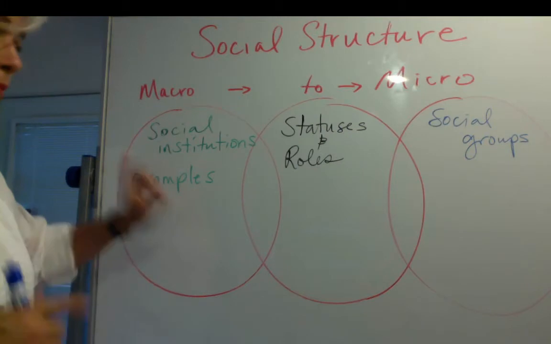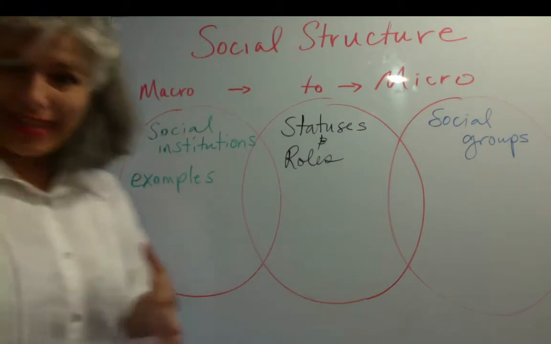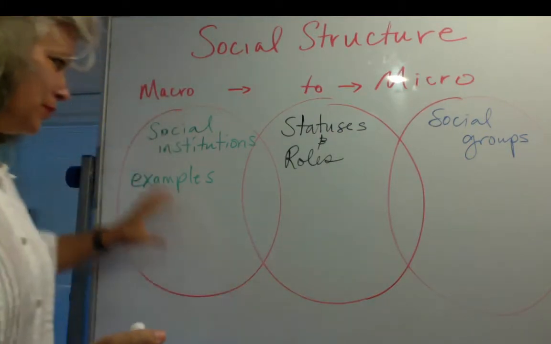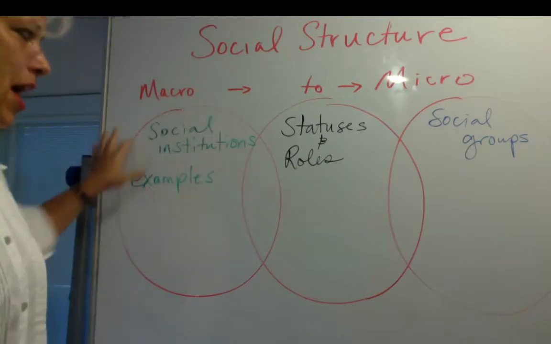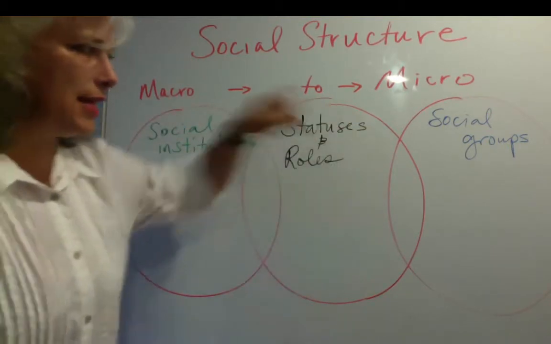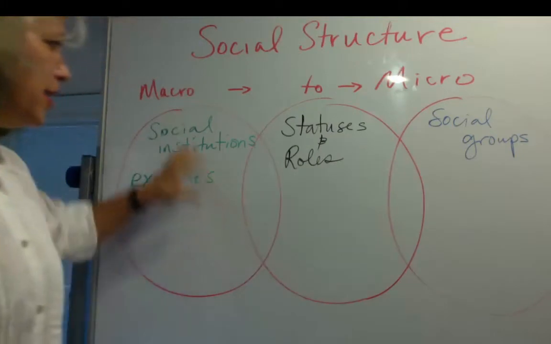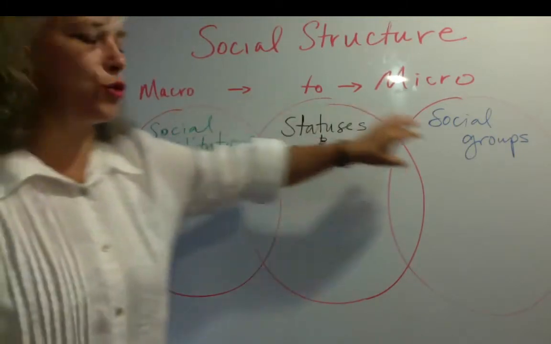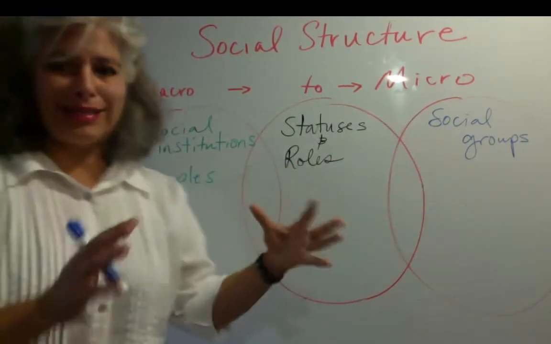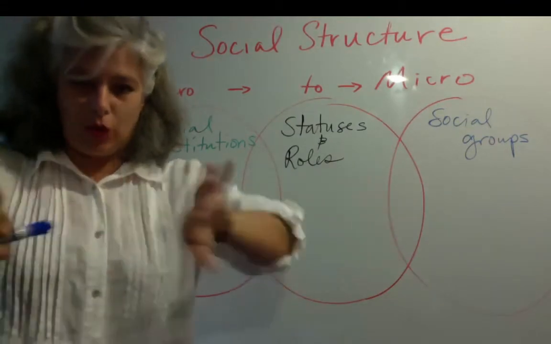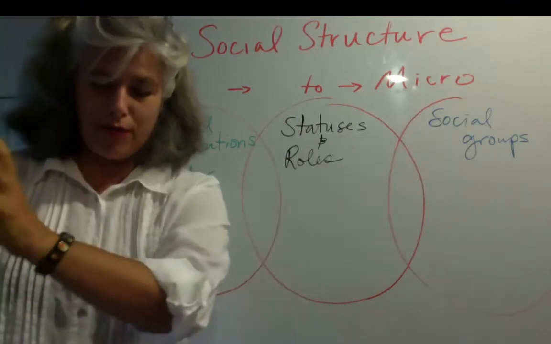So please note, I hope it's coming through on the video, that I've got circles that are connected like links in a chain, because each of these 3 components of social structure do not exist in separate boxes stored separately from each other up on shelves.